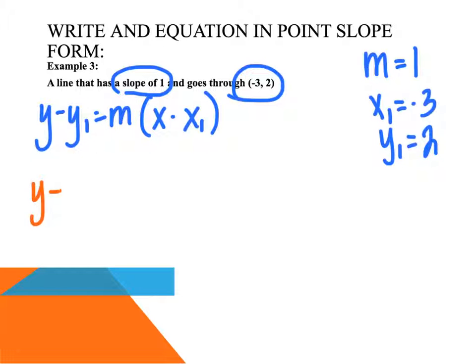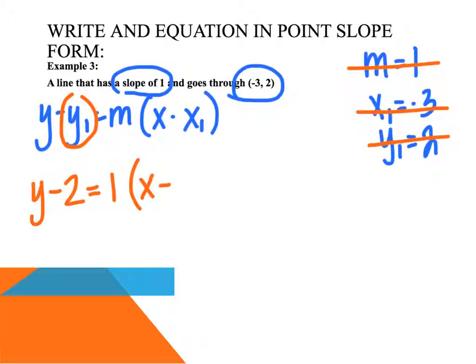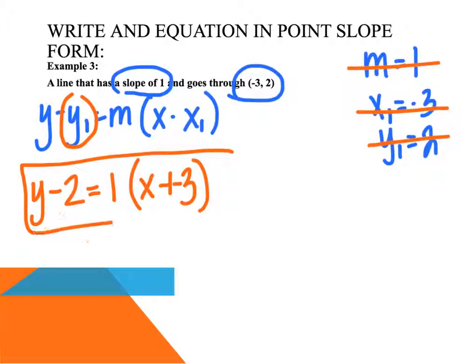So y minus my y1 value of negative 2 equals my slope of 1 times x minus my x value of negative 3. Remember, when I subtract a negative, I really end up adding. So this turns out to be my correct formula or equation.